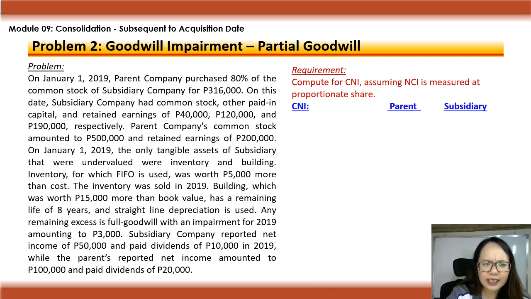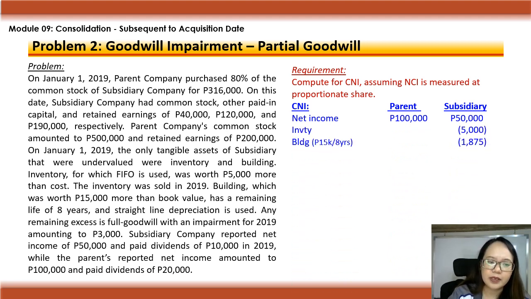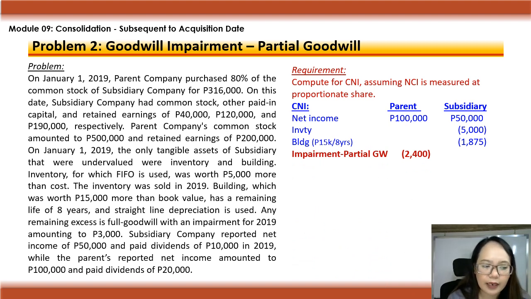Okay, your consolidated net income is still computed as net income, inventory adjustment, building, the depreciation adjustment. Then ito, yung impairment mo sa partial goodwill. Kasi 'di ba kapag proportionate share, ang may-ari lang ng goodwill si parent lang. Hindi mo ni-recognize yung share ni NCI sa goodwill.